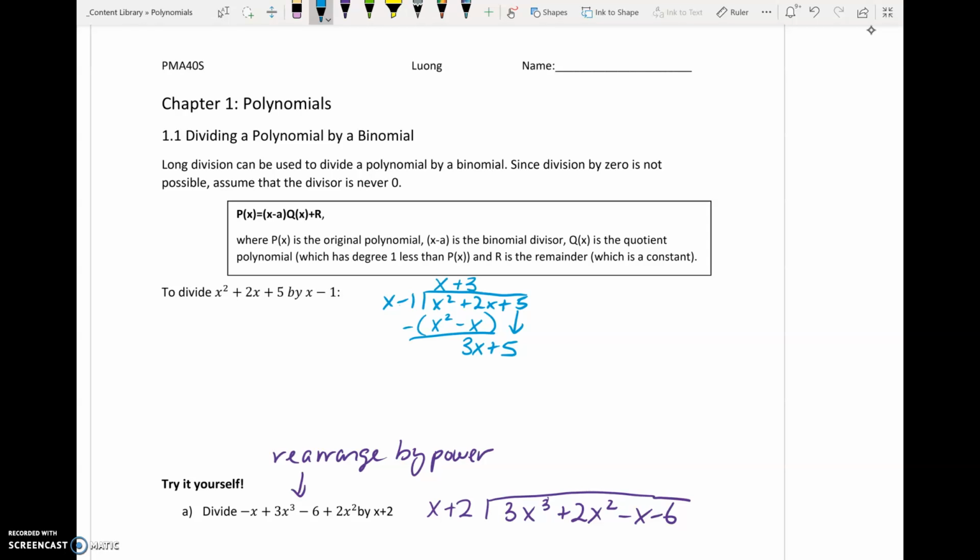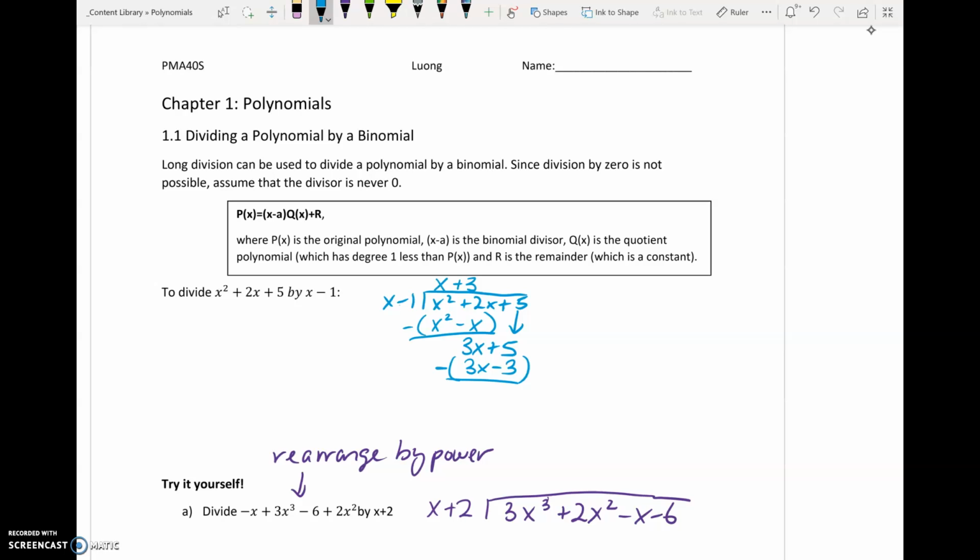So that's what we're going to do. We're just going to multiply x minus 1 by 3. So to get the stuff underneath here, that's 3 times x minus 1 in brackets, so that's 3x minus 3. Again, we're going to subtract according to long division, and make sure you have the brackets there because that negative does reflect through everything inside that bracket.